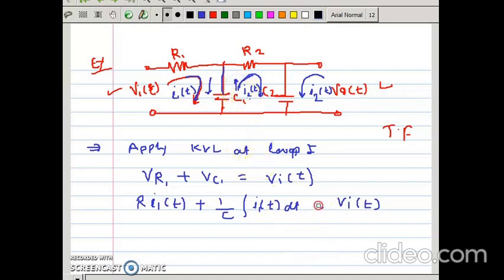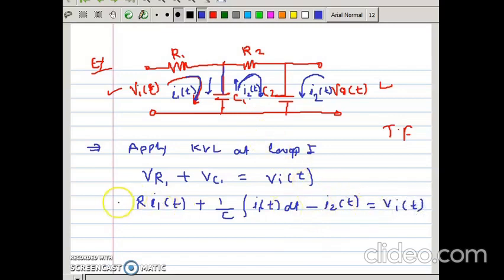So here two currents are flowing through the capacitor. That's why it is like this, minus I2 of t also, because both have opposite direction, that's why we are taking minus.